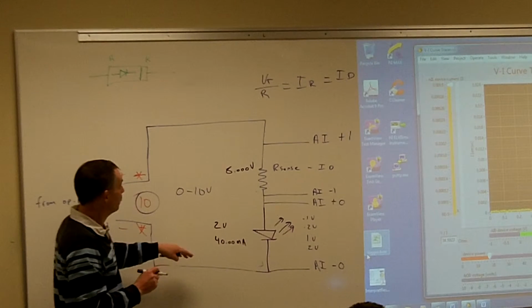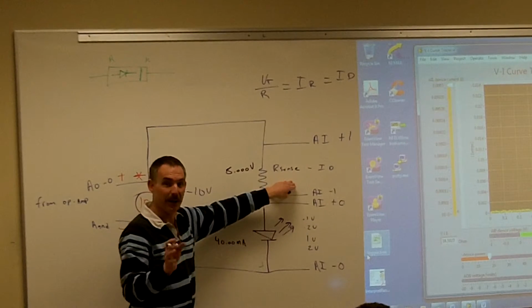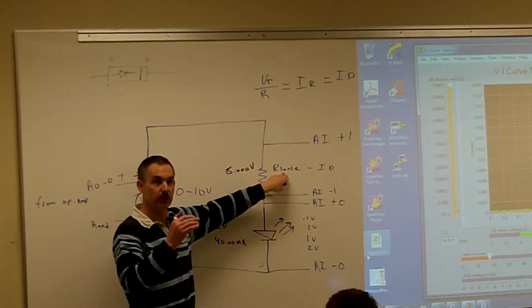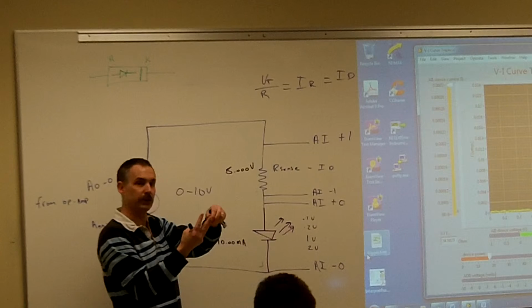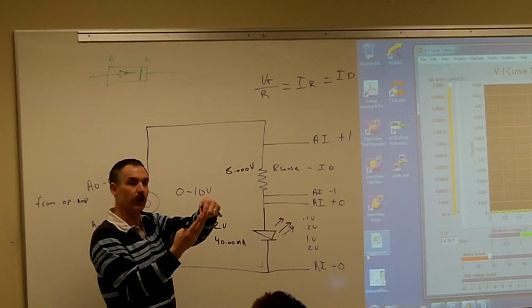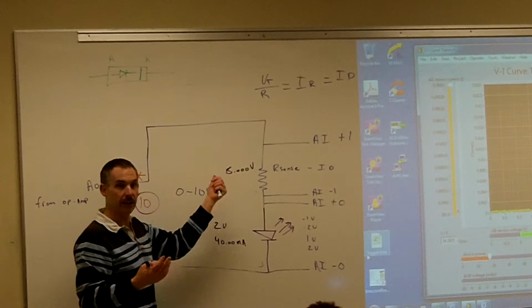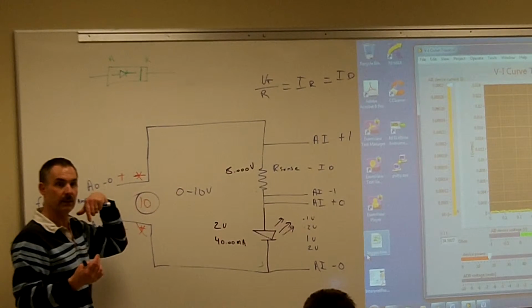Okay, so remember, you're on the right track, but I'm going to help you out a little bit. We're trying to find the resistor, right? We always try to find 3 things about the resistor: the voltage, the current, and the resistance. We already know our voltage, right? Do I know what the current is going through that resistor? Figure it out.